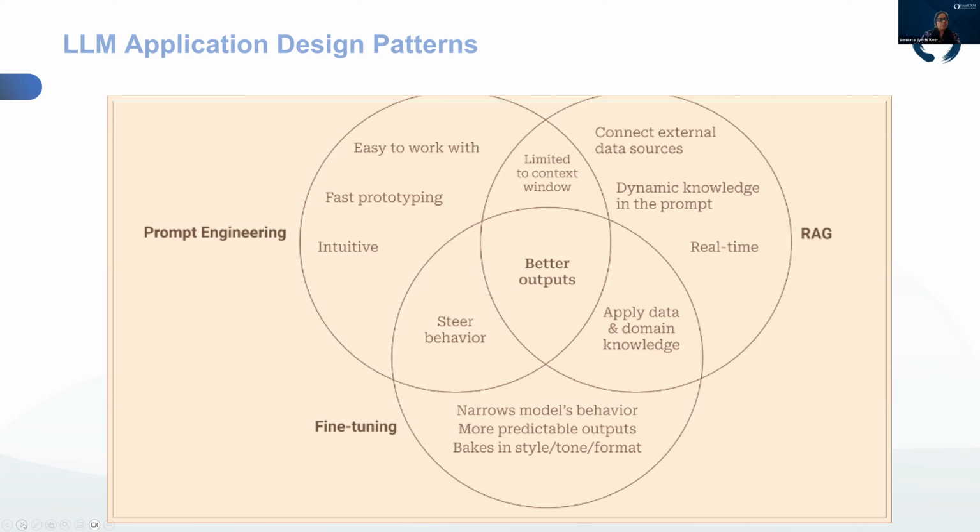RAG is the most popular design pattern nowadays in the market. RAG stands for Retrieval Augmented Generation. Here the LLM is taken, and that LLM is grounded with external data sources. Say there's a bank that needs to implement a bot in its front facing application, or a customer service or retail application that needs to deploy a bot.